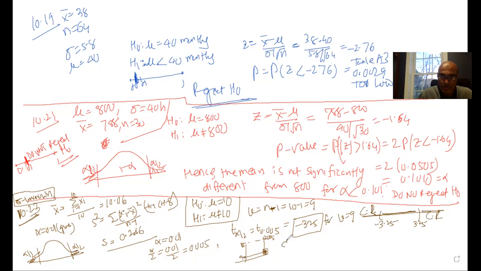Now let me compute the t value. t equals x bar minus mu divided by S over square root of n.